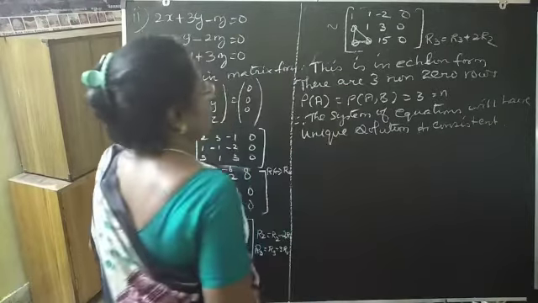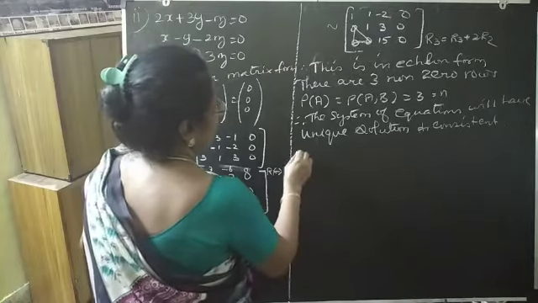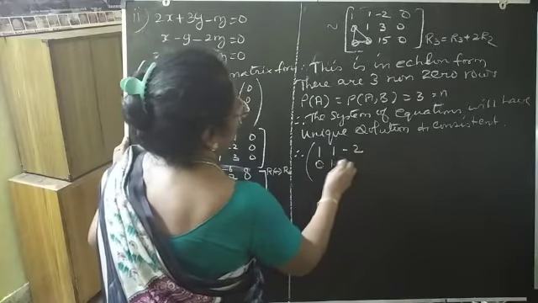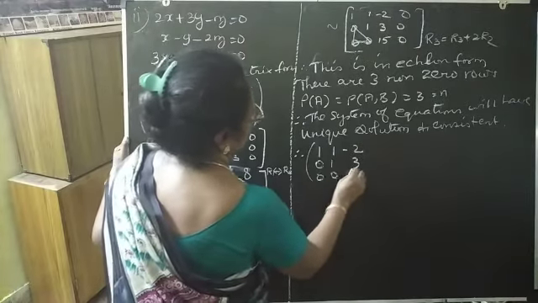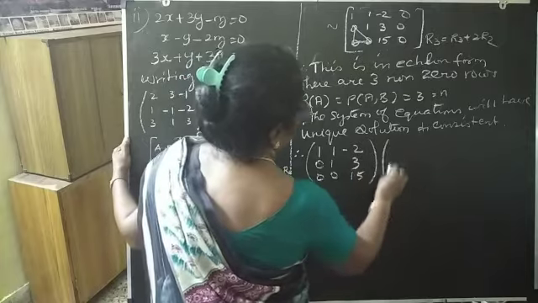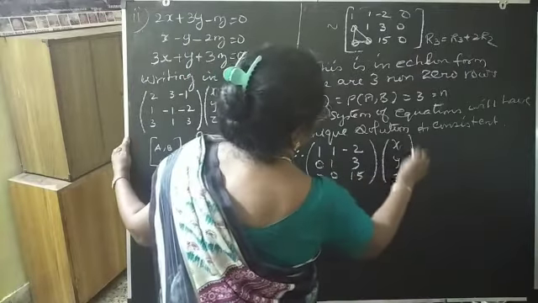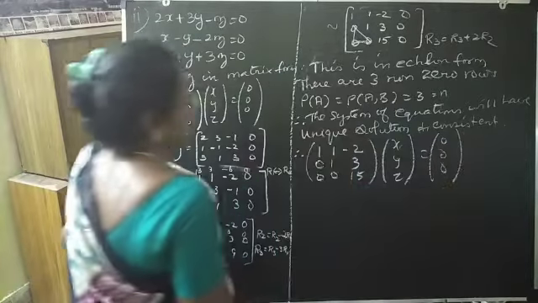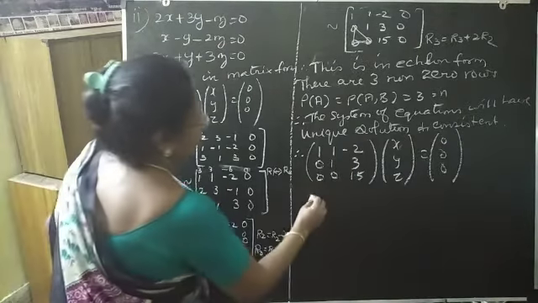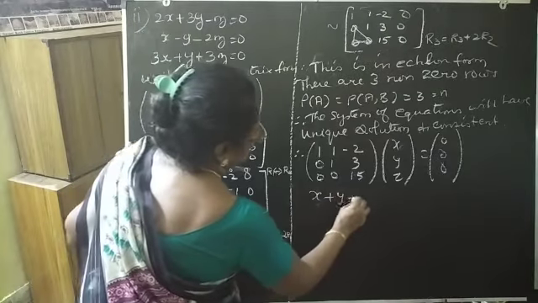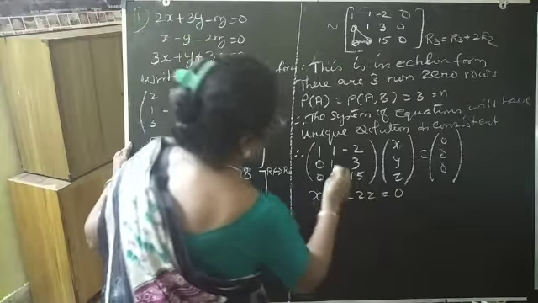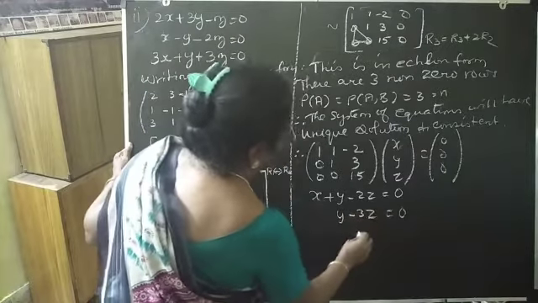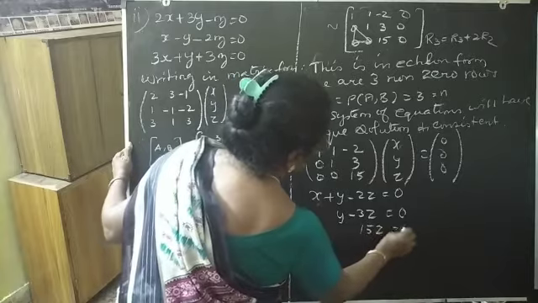So, writing once again in matrix form, this will be equal to 1, 1, minus 2, 0, 1, 3, 0, 0, 15 into x, y, z is equal to 0, 0, 0. Now, expanding, you get x plus y minus 2z is equal to 0, y plus 3z is equal to 0, 15z is equal to 0.